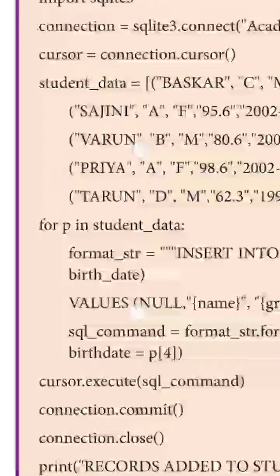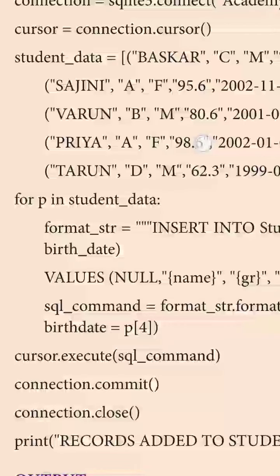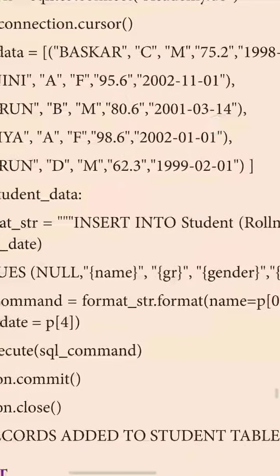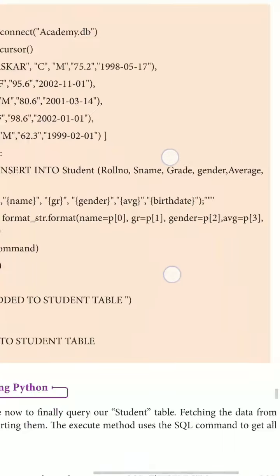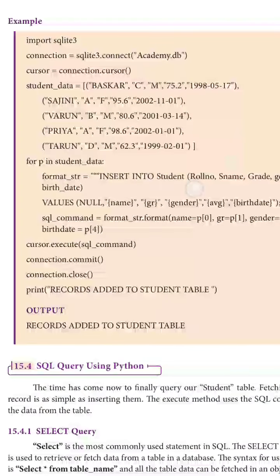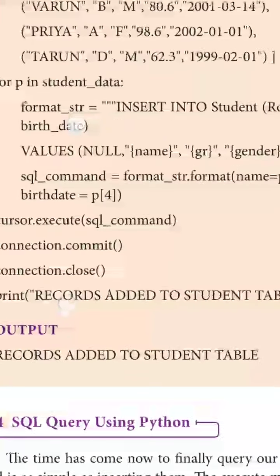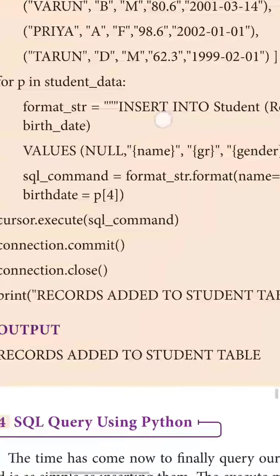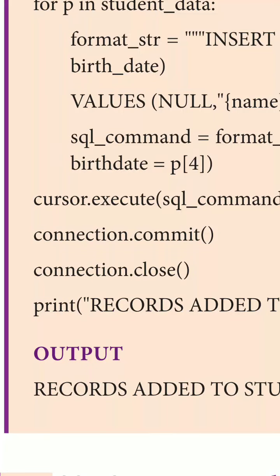This for loop will get all the data from the set and insert it in the format string. This will store the format string into this SQL command variable, and this SQL command variable will be executed by using this cursor dot execute. After that they will be committing the connection and closing it.